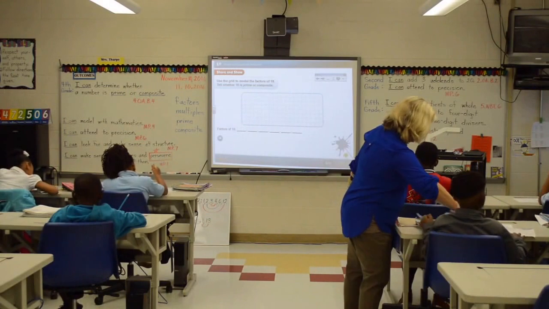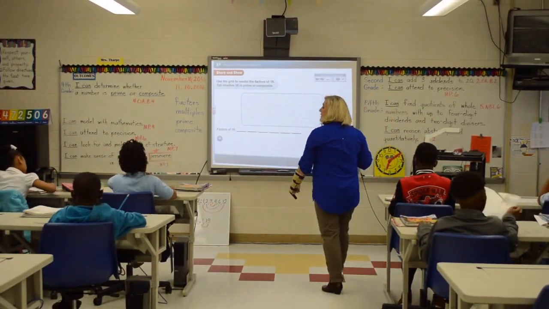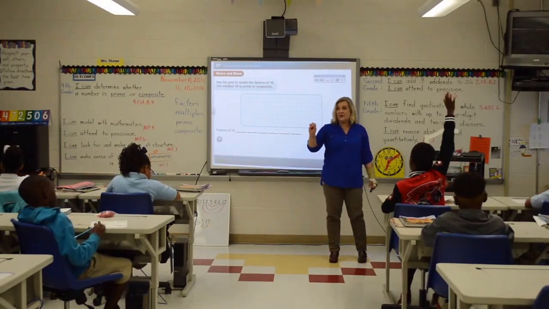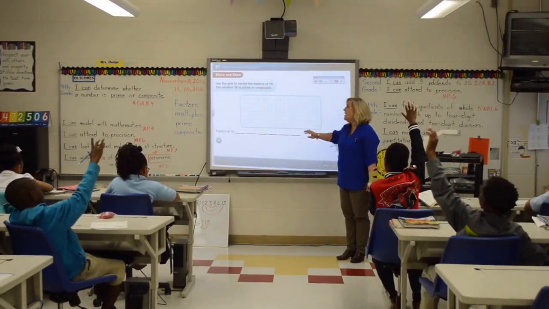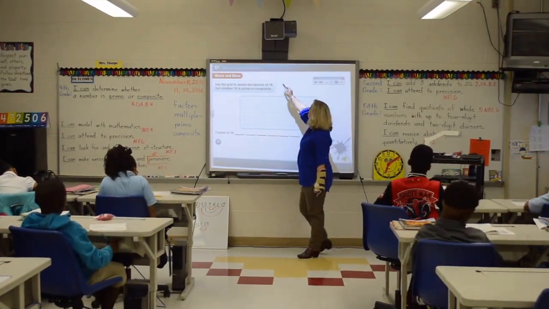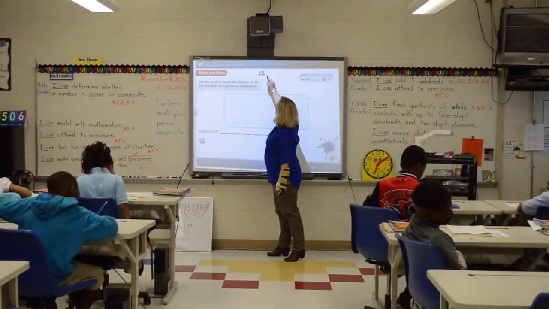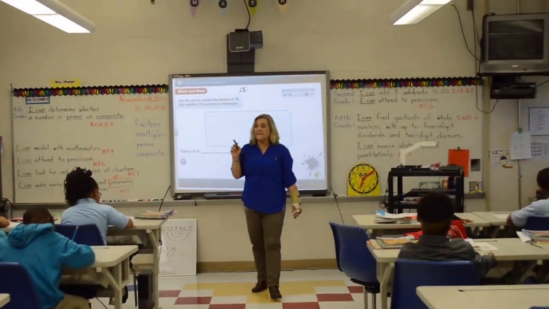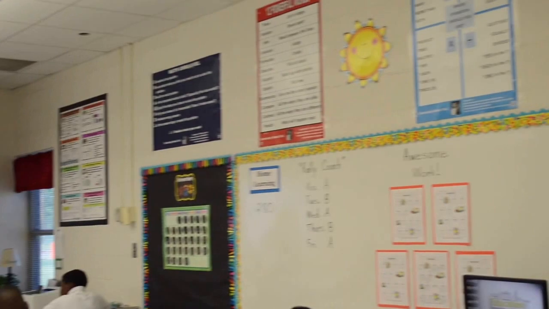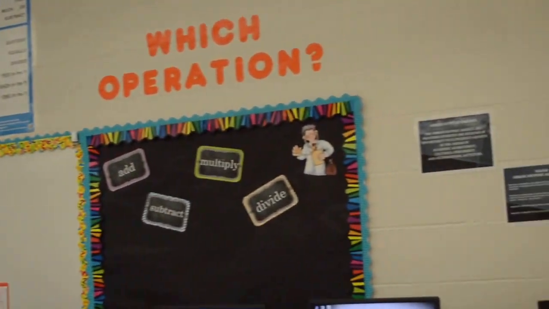How many of you would like to do the factor rainbows from yesterday to help you with this? Okay, then somewhere on the page, put your 18. And what factor do we ask about first? 1. We always start with 1. It's a factor of every number, okay?